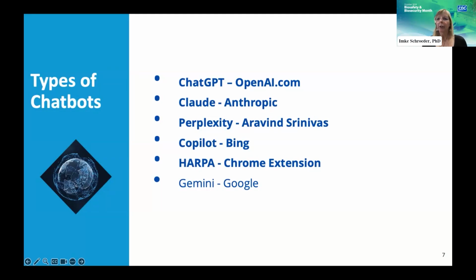Harpa is an interesting Chrome extension that gives me a deeper Google search experience, but note that you can now download pretty much all of these chatbots as Chrome extension if you use Chrome. All chatbots are free. However, you can also subscribe to them to gain access to their enhanced features and faster processing times.